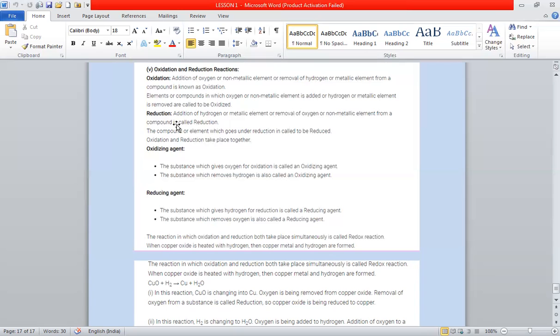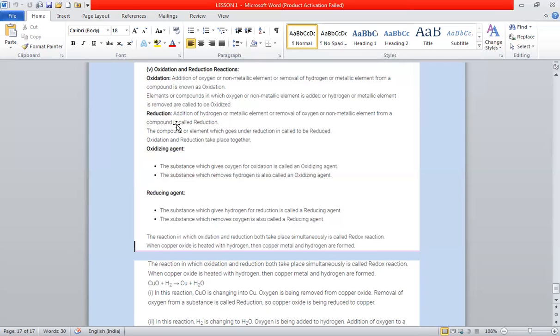In the same way, a reducing agent, the substance which gives hydrogen for reduction, is known as a reducing agent.